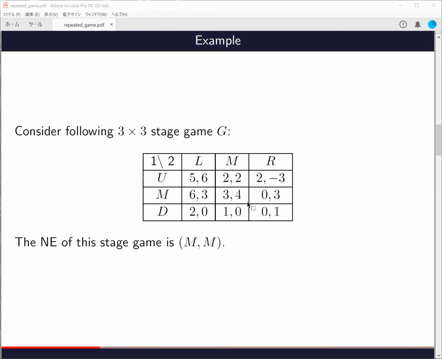Note that UL gives a higher payoff to both players, and so these two players want to play UL and not MM if they could. We will see how we could support a subgame perfect equilibrium in which UL is played in every period.